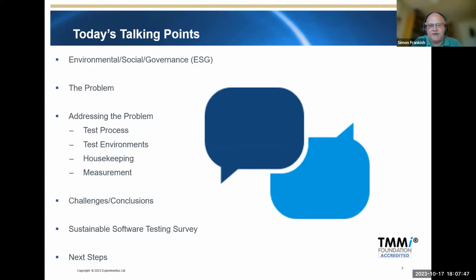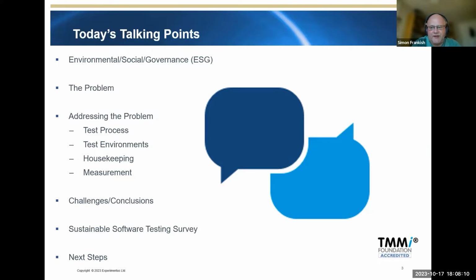Just a quick agenda. To set a bit of context, we'll talk very quickly about ESG, environmental, social and governance aspects. We'll look at why this is important, and what the problem is with sustainability in software testing. Then we'll look at a number of topics around how we believe we can start to address the problem.